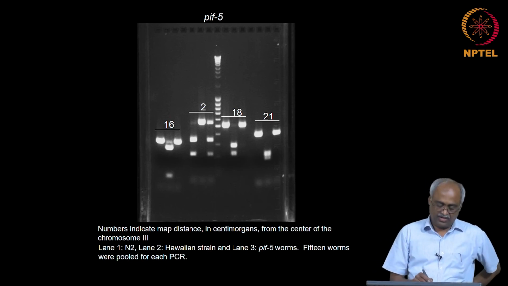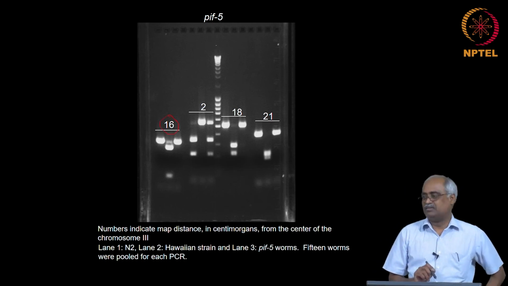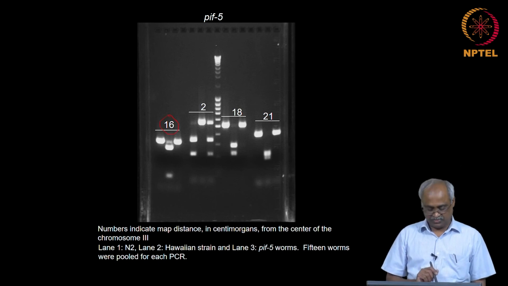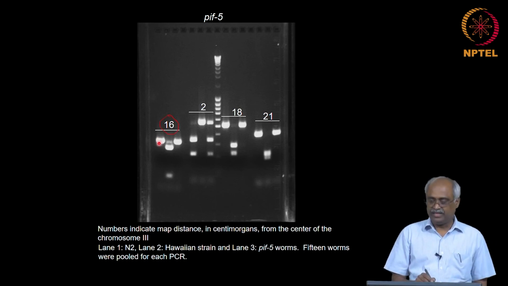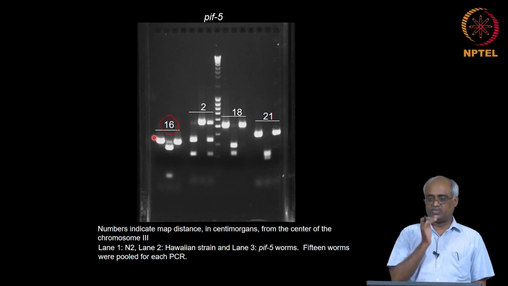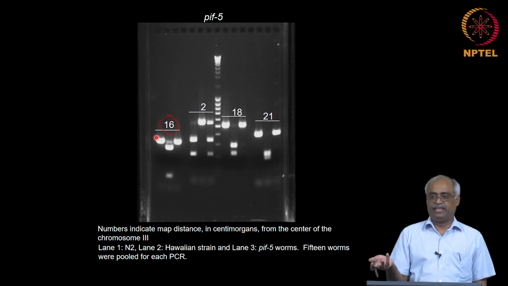This is position 16 on a particular chromosome. The first lane is the pure N2 strain, I have not done any crosses. I took that and PCR amplified with these 2 primers for that particular SNP and digested, and there is no restriction site and it is not digested.